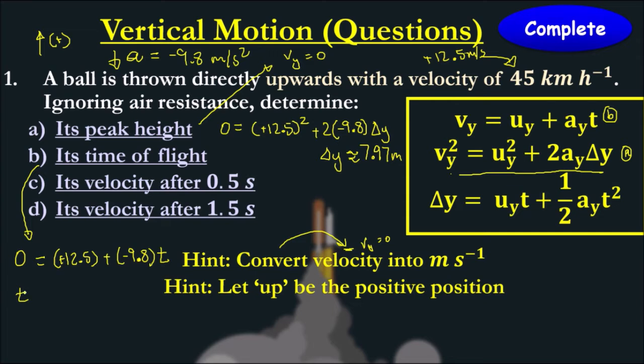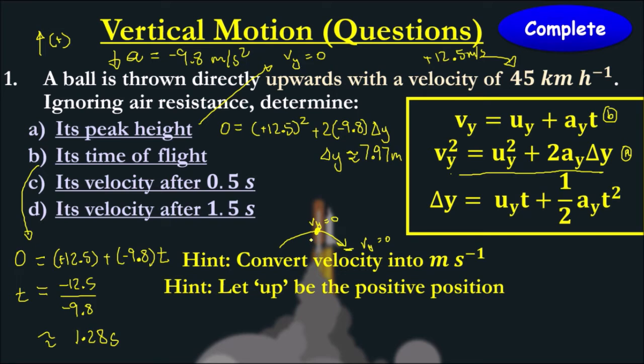So I can just rearrange my equation, and what I'll find is t equals negative 12.5 divided by negative 9.8. So we get approximately 1.28 seconds. Now remember, this point is 0, but we also have another point here where the velocity is also 0.